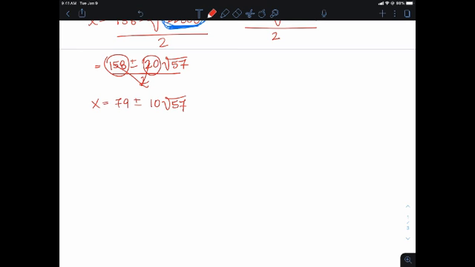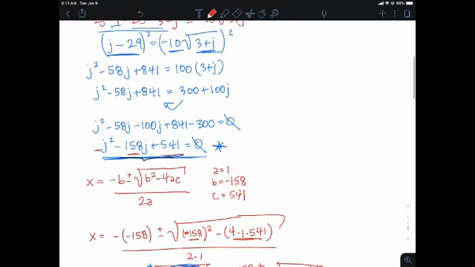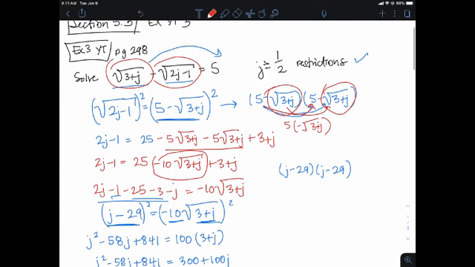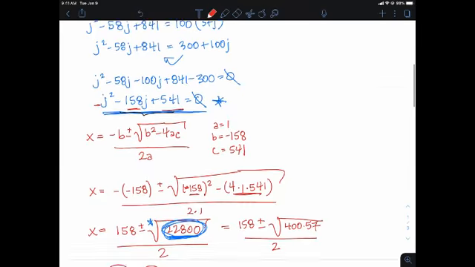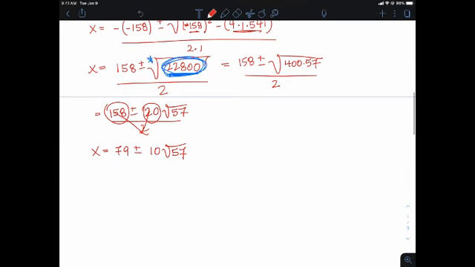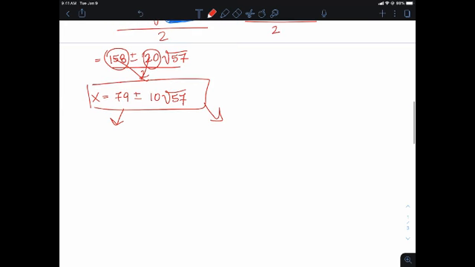Remember that we have to check both of them back in our initial equation. My suggestion to do that in a way that's not going to drive you totally bonkers is to get a numeric value for each of these. So remember, we've got to do both and we've got to check both.